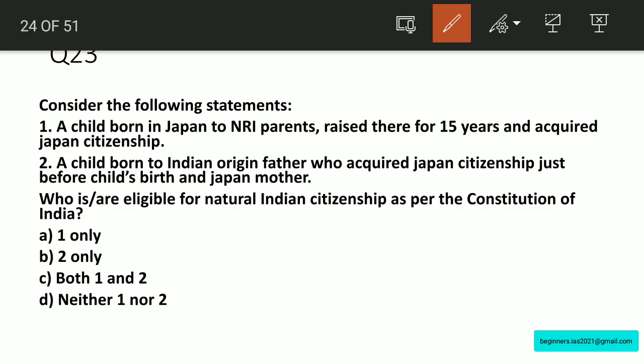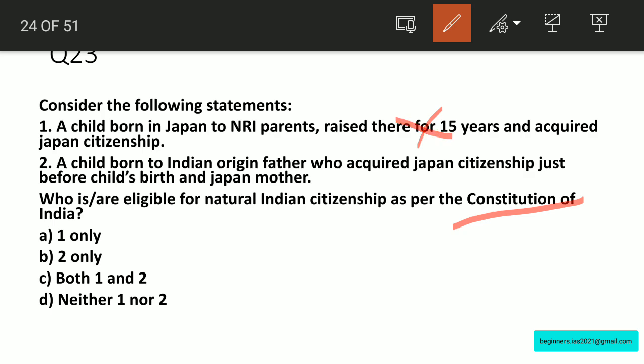Here we have to identify who is eligible for natural Indian citizenship as per the Constitution of India. See, since the child possesses Japanese citizenship, he or she can acquire Indian citizenship through descent under the Citizenship Act 1955, but not under the Constitution of India. Therefore, this statement is wrong.